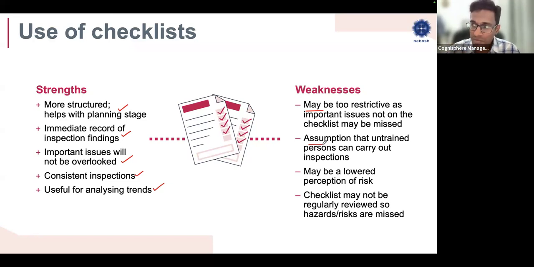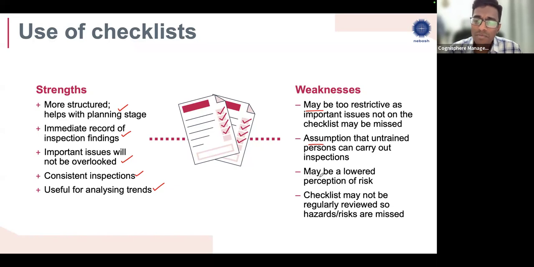Okay, even to observe something, you need to know what is the right behavior or the unsafe behavior, or what are the hazards, or what are the controls that are existing. So people, they assume that, so in that instance, people may not give weightage to the inspection checklist.